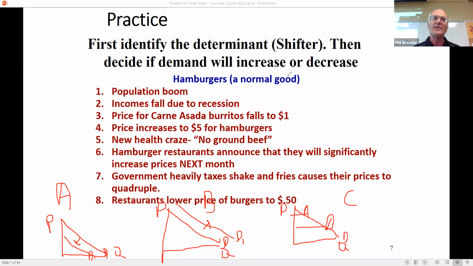But because it's a substitute, it's the price falling that's getting people to purchase it, not a change in taste, moving away from hamburgers and more to burritos. Ryan, does that make sense to you? Yeah. Okay. All right. And like the next new health craze, no ground meat.